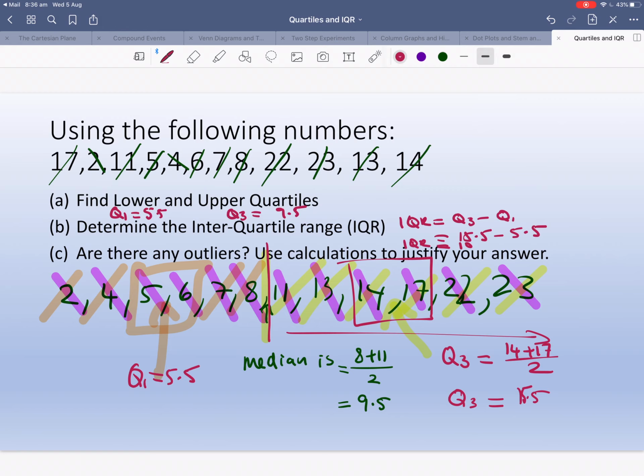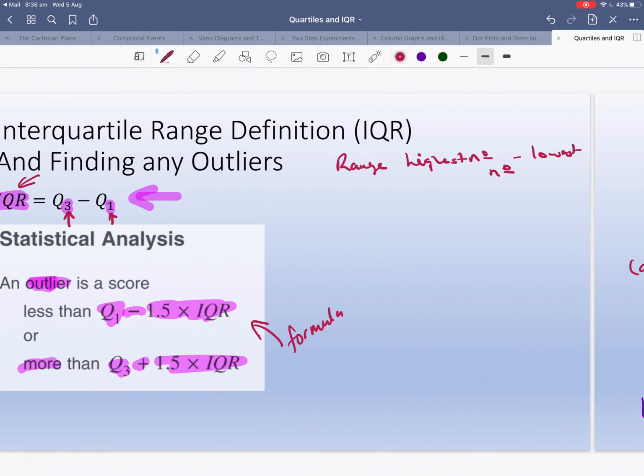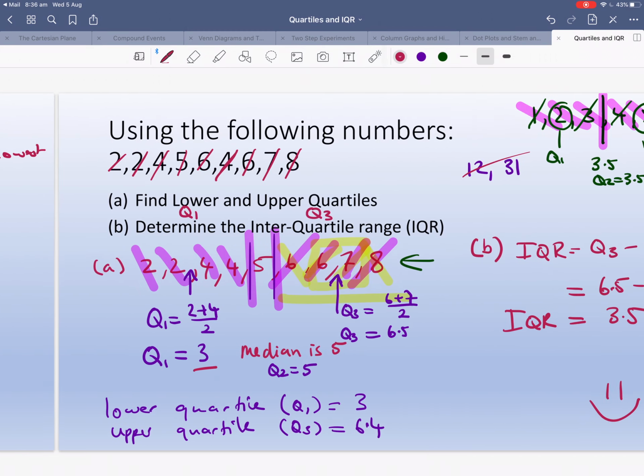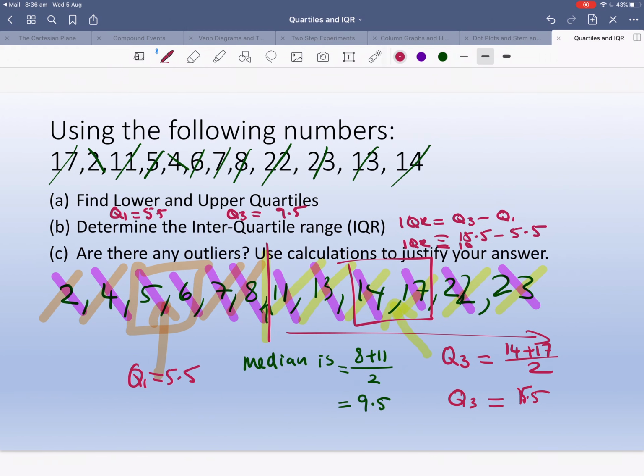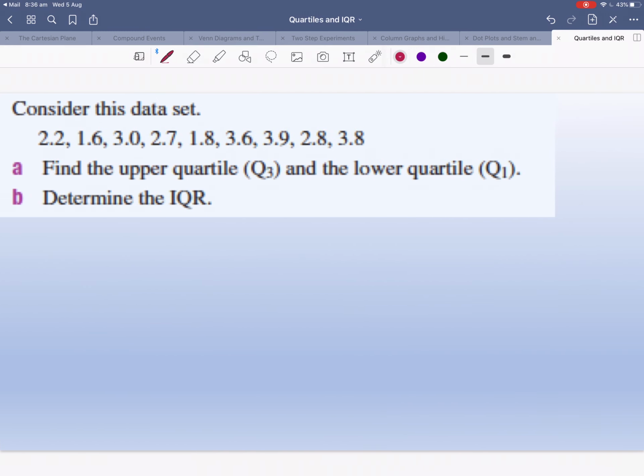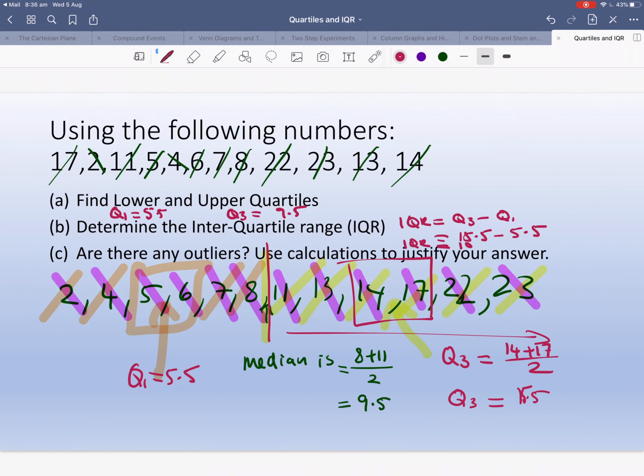Are there any outliers? Now, this is where we're going to look at this formula. Essentially, this is what I need to do, okay? And I'm going to redo it over here, in this space over here. The interquartile range equals 10.